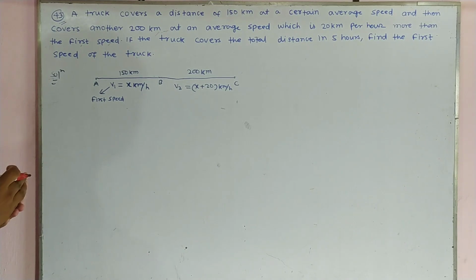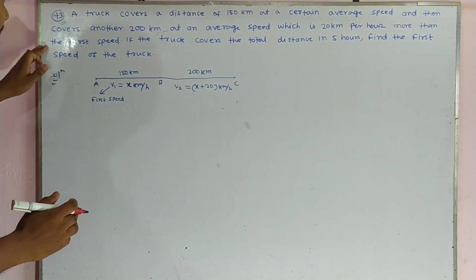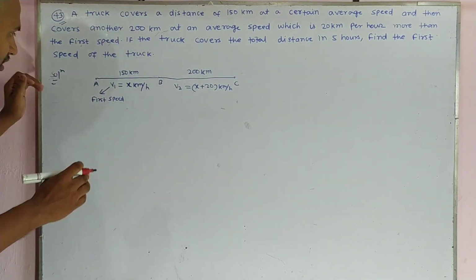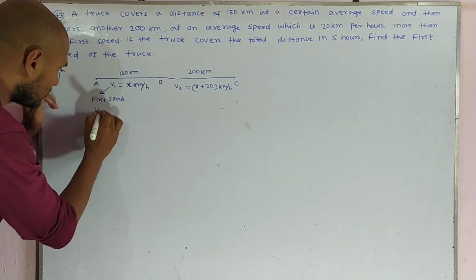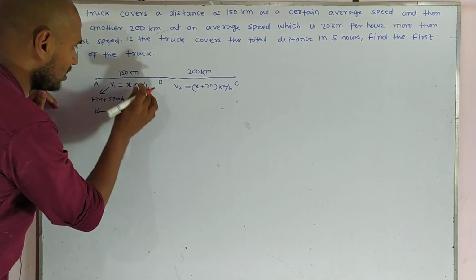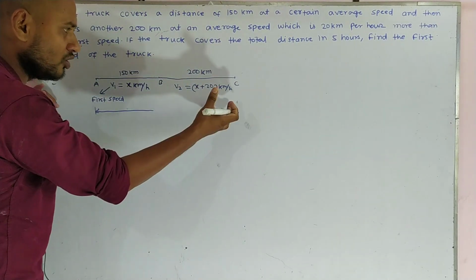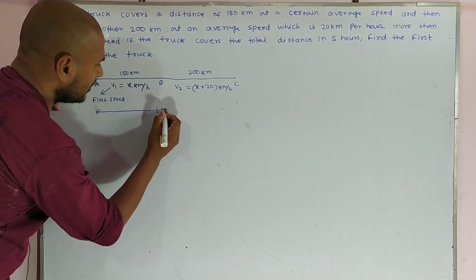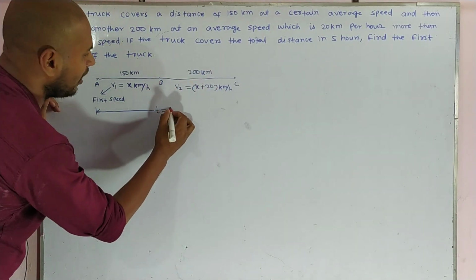Again, the question asks for the first speed if the truck covers the total distance in 5 hours. The total distance will be equal to 150 plus 200, that is 350 km, in time T equal to 5 hours.